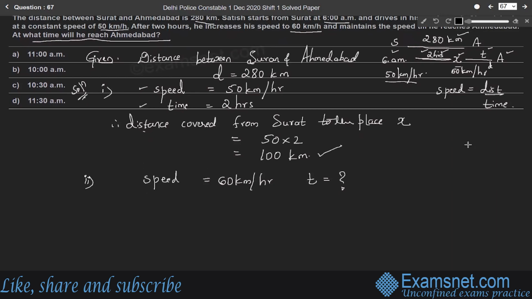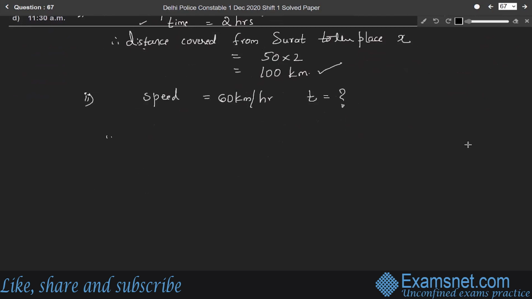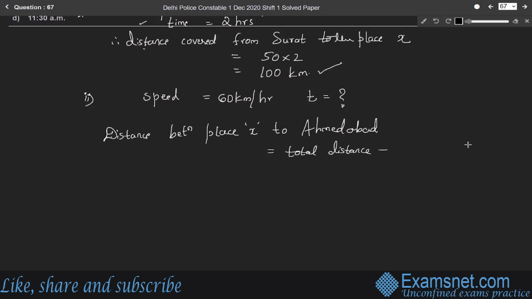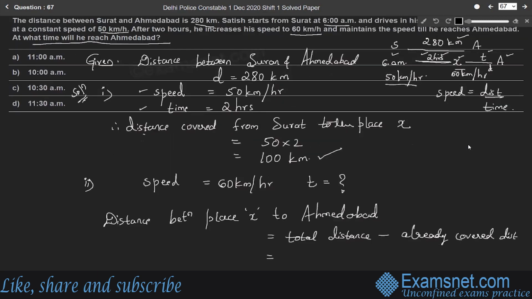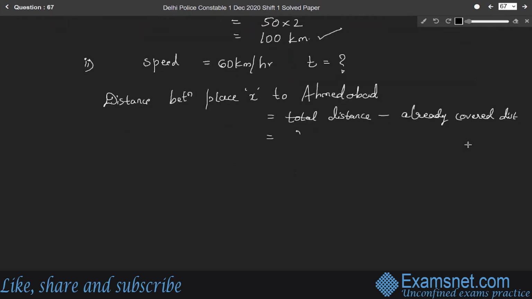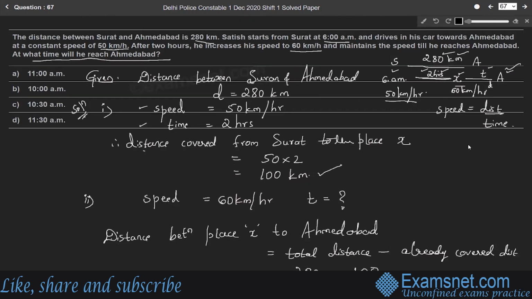Therefore, the distance between place X and Ahmedabad is total distance minus already covered distance, 280 minus 100, which is 180 kilometers.